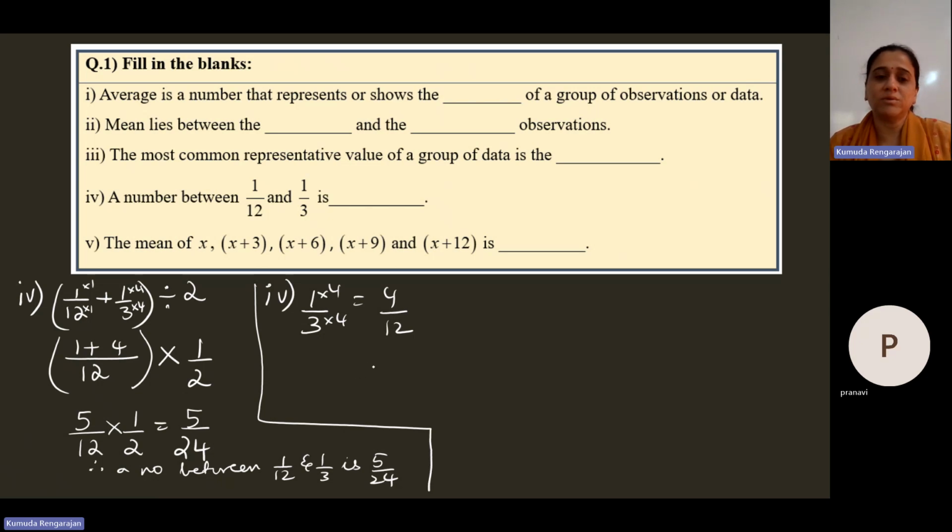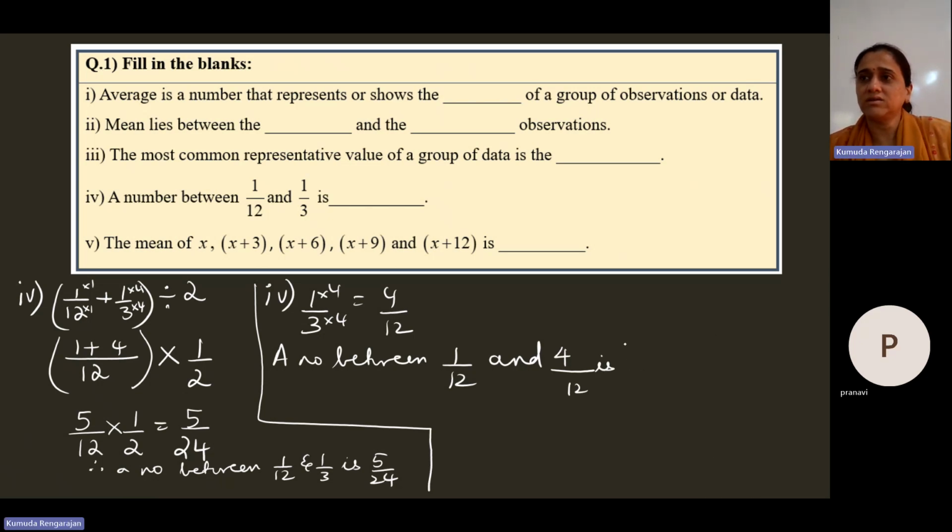Now tell me a number between 1 by 12 and 4 by 12: 2 by 12, 3 by 12, right? You can write 2 by 12 or 3 by 12, correct? 2 by 12 simplifies to 1 by 6.